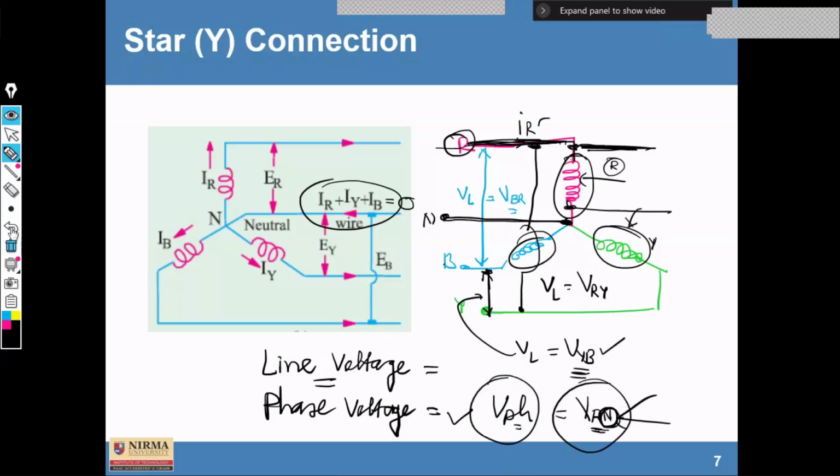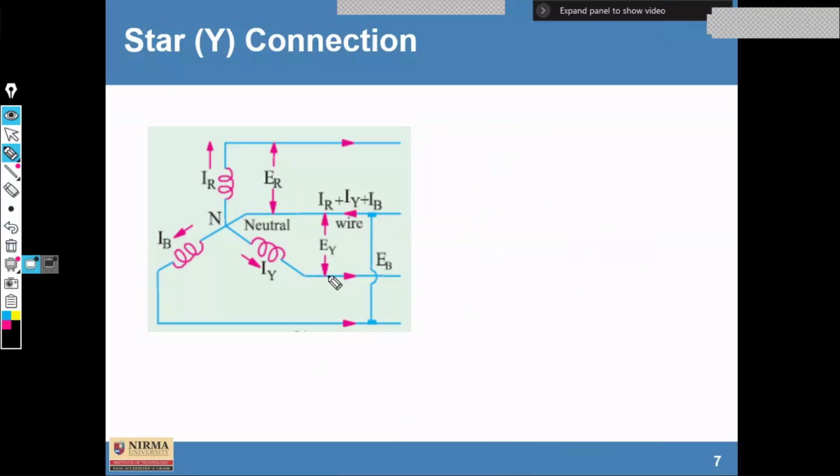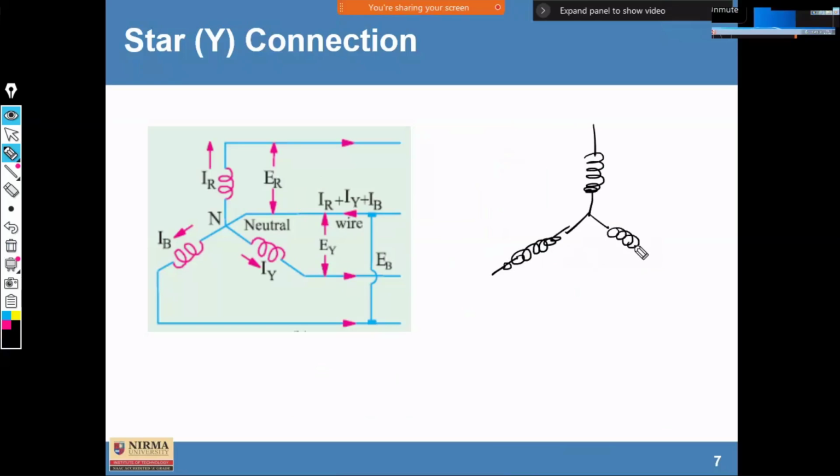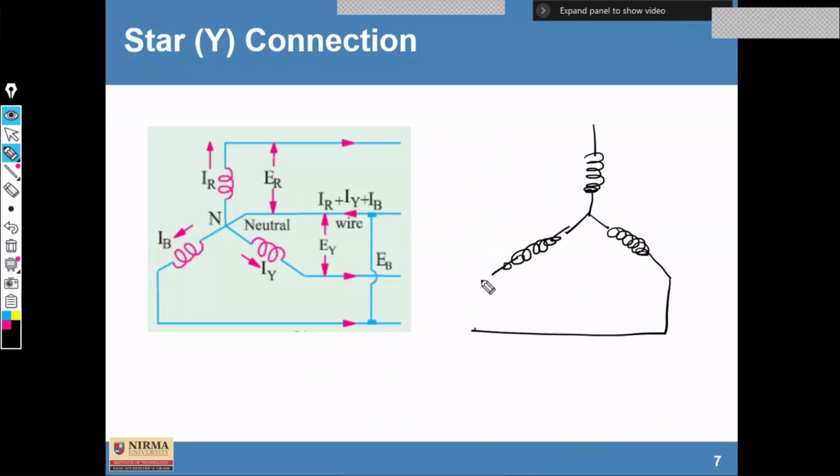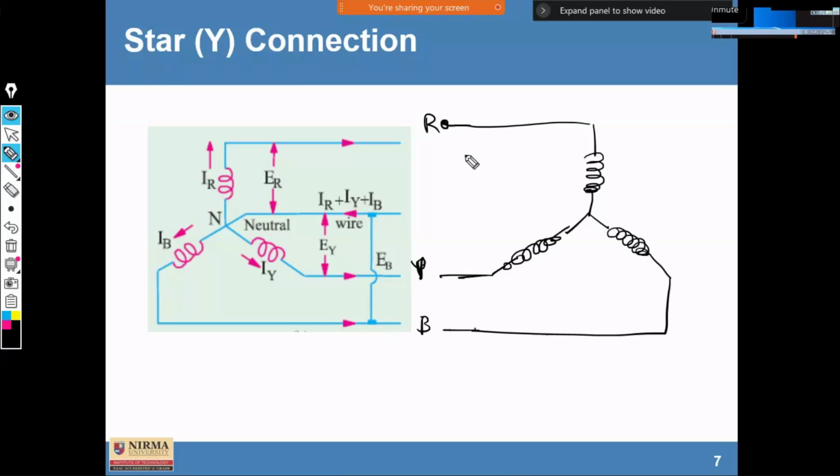Now, there are different types of relationships between phase voltage and line voltage. So let us see. Suppose these are three different phases. Now see, this is a line voltage.